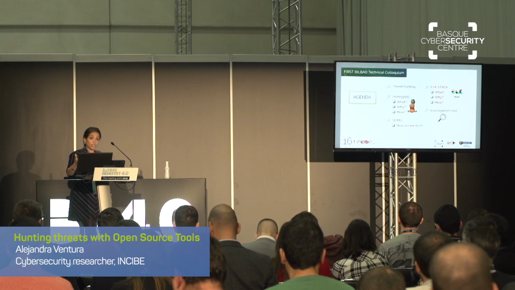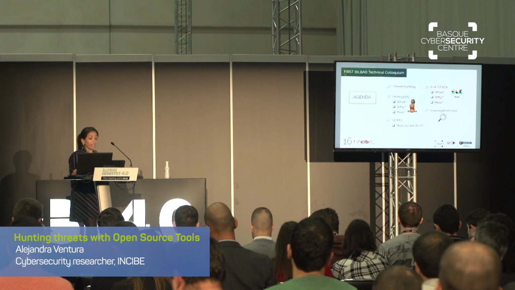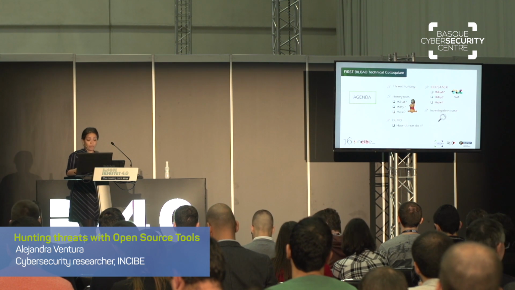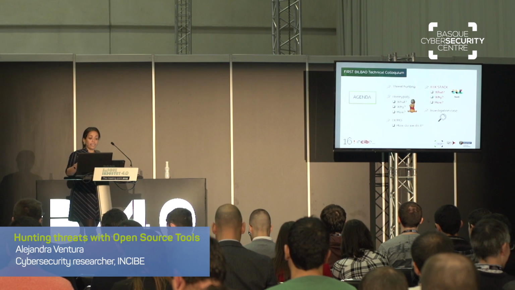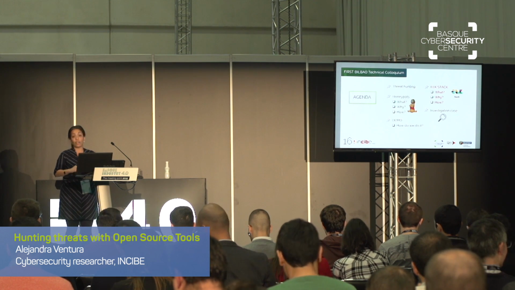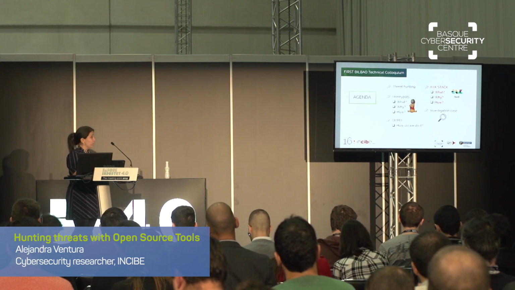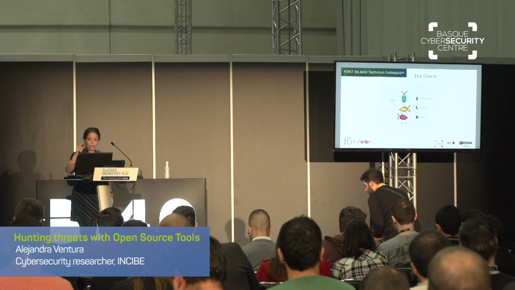Why? Because it's open source, and it's powerful for exploitation and graphic visualization, mainly for that. I was talking about the ELK stack, which is Elasticsearch, Logstash, and Kibana, continuing in the line of using open source tools.